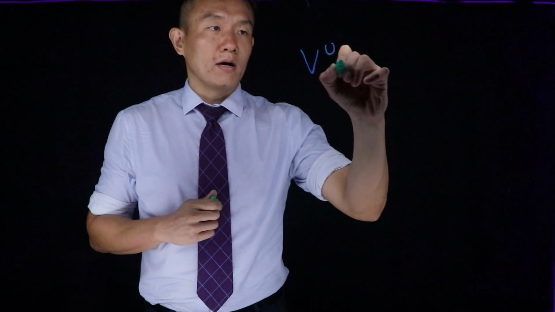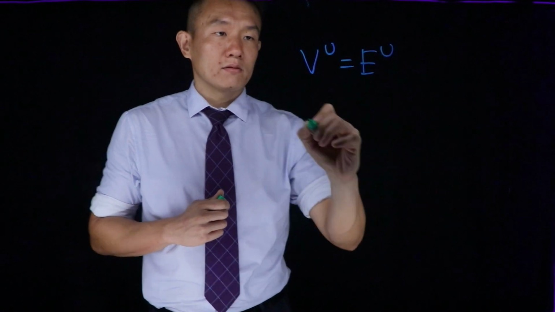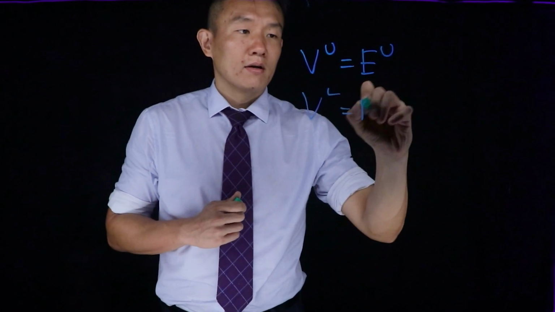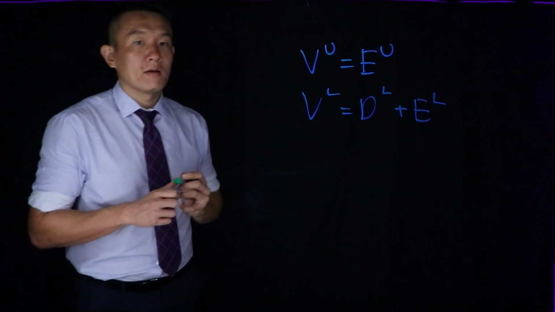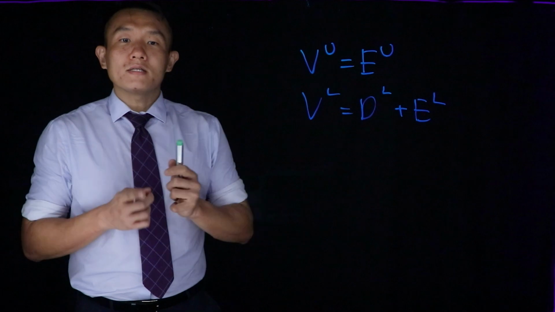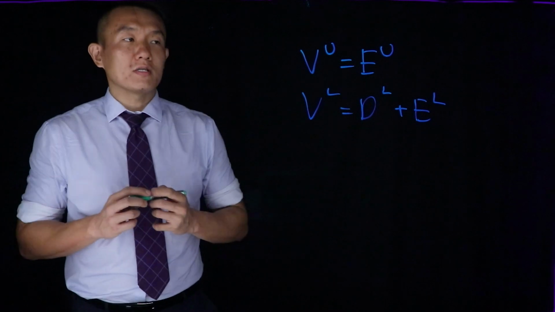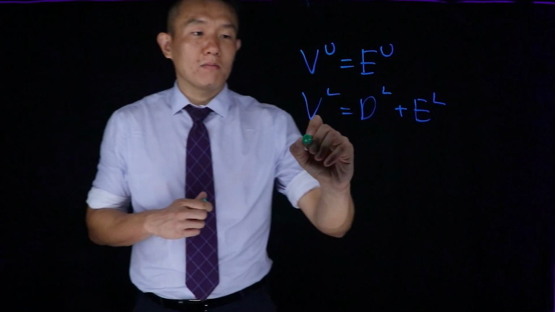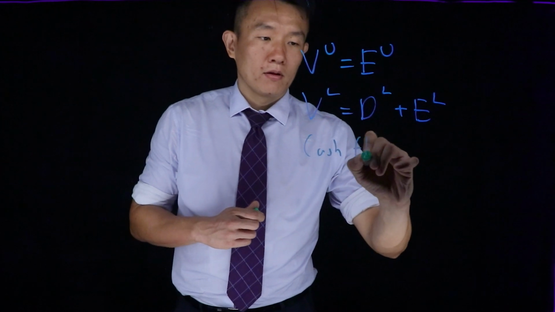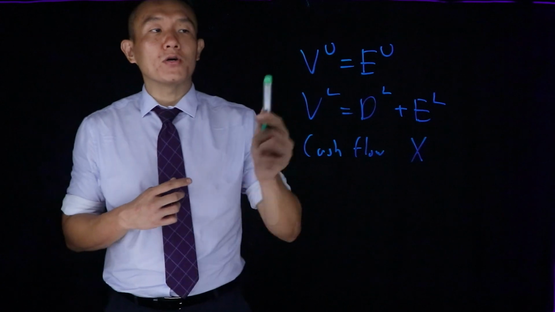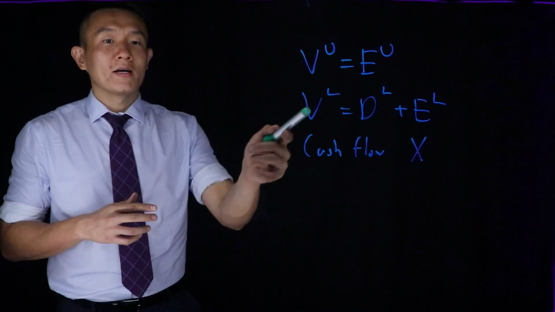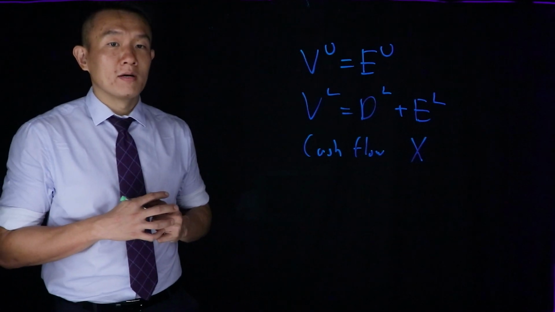Let's look at proposition 1. Let's assume we have an unlevered firm. Unlevered firm is all equity, and then we have a levered firm that consists of some debt and some equity. And let's invoke one of the assumptions, which is that both firms have the same cash flow of X. So how does the value of firm U compare to the value of firm L?